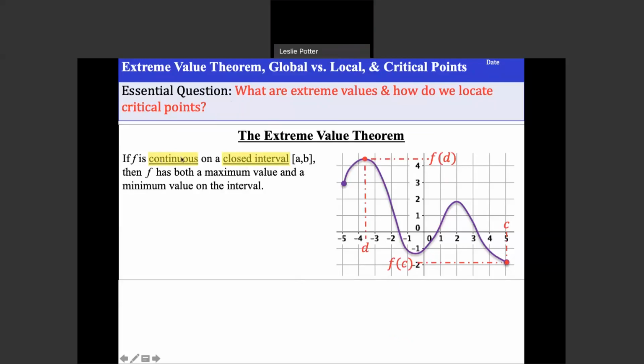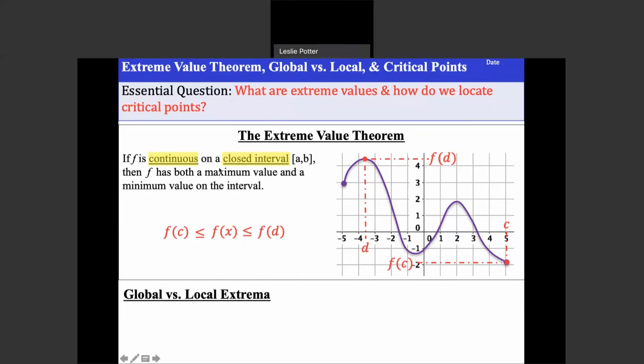It's got to be continuous on that closed interval. We have these endpoints here, and then we can have a big and a little value on the interval, and those can occur anywhere on that closed interval. So what we're basically saying is that all values for the function are going to fall between that littlest and that biggest value. Okay, so let's talk about these two terms, global versus local.